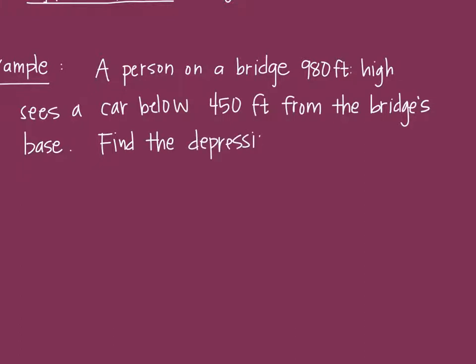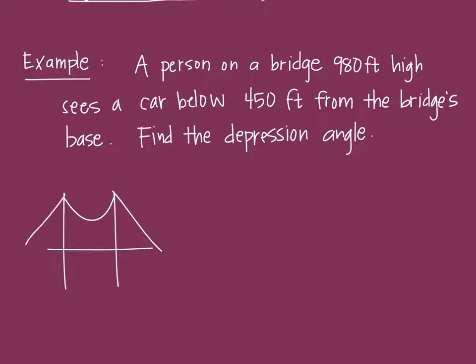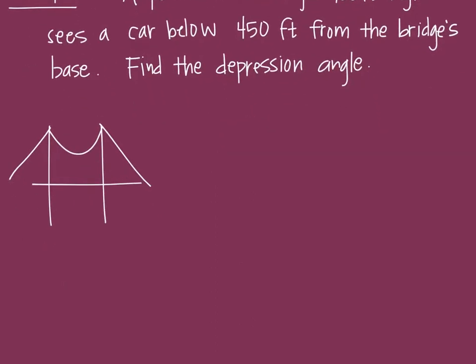All right. So again, we're just going to try and picture this in terms of a right triangle. So let's see if I can draw that. Okay, we've got the Golden Gate Bridge here.